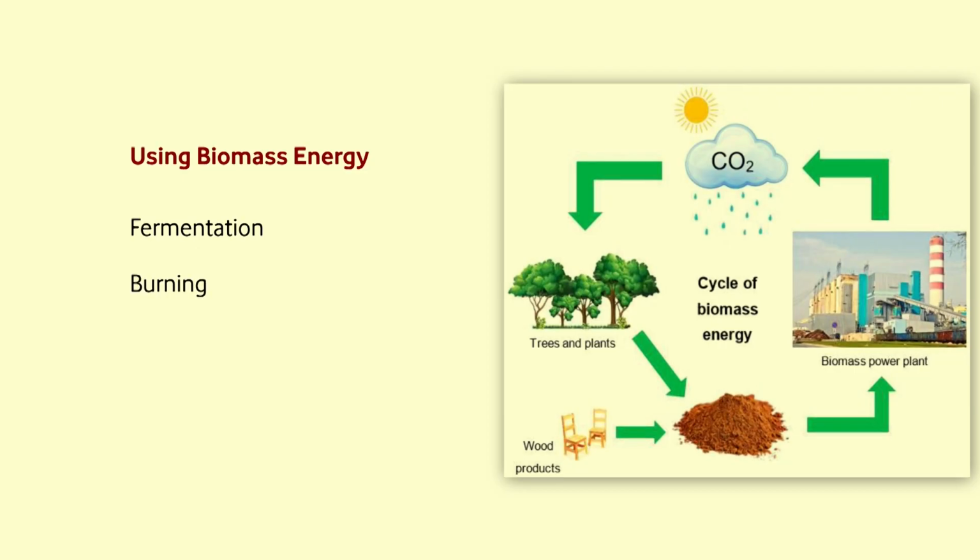Burning. We can burn biomass in waste to energy plants to produce steam for making electricity, or we can burn it to provide heat for industries and homes. Let us discuss bacteria decay. Bacteria feed on dead plants and animals, producing methane.